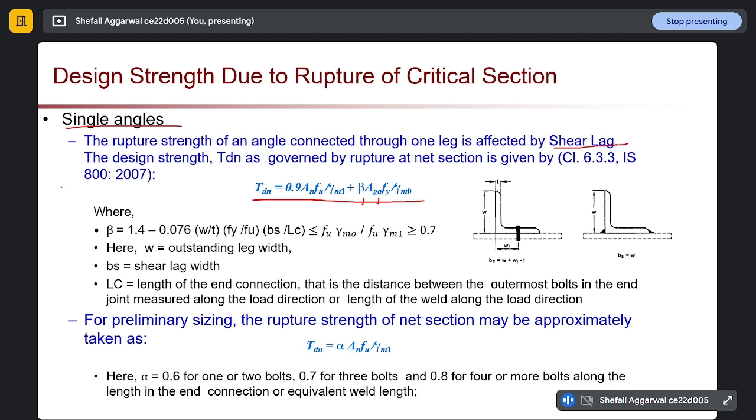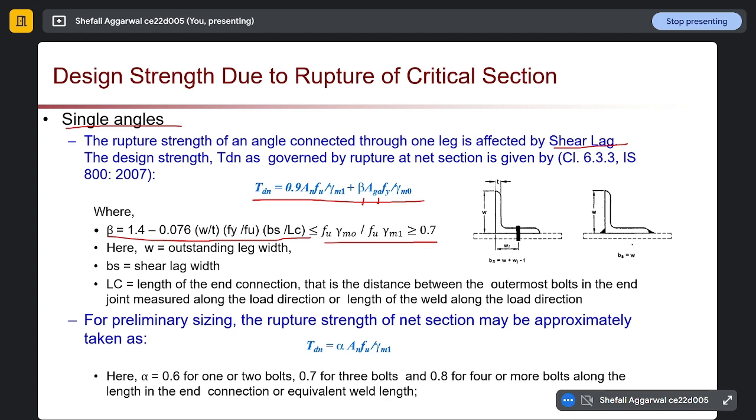Beta will be equal to 1.4 minus 0.076 w by t into Fy upon Fu into bs upon Lc. These formulas are already given in IS 800. You can directly use the formulas from there, and this value should always be less than Fu gamma m0 divided by Fy gamma m1, and should always be greater than 0.7.